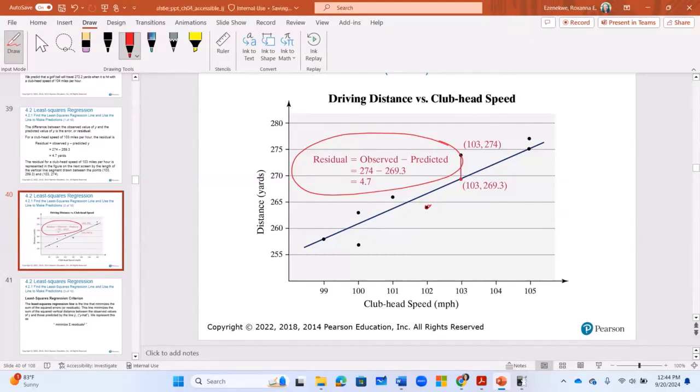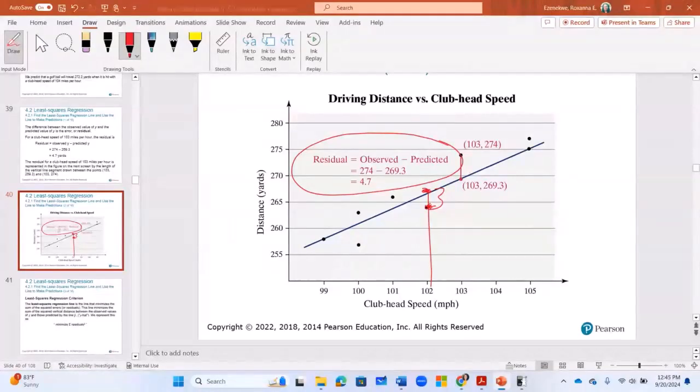If I'm looking for the residual for 102, I can draw a line like this. The point below the line is the observed, and the point on the line is the predicted. So the residual is the difference between the observed and the predicted. And by the way, notice that observed comes first.